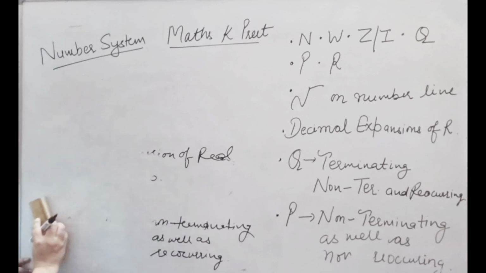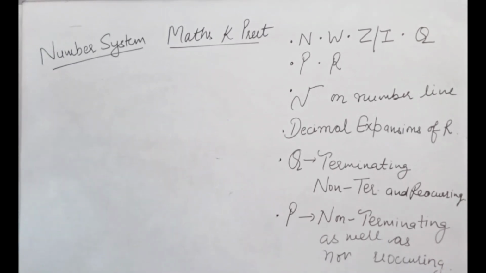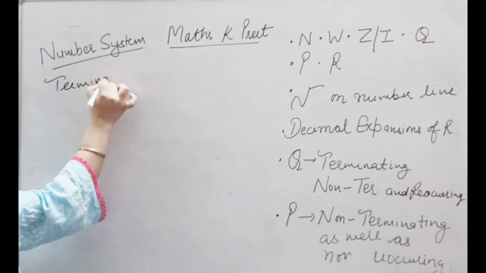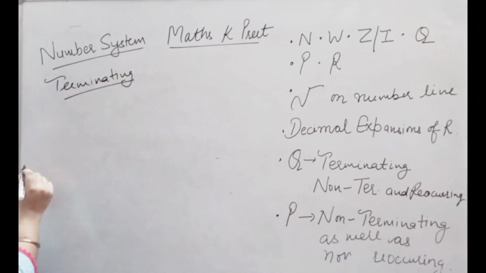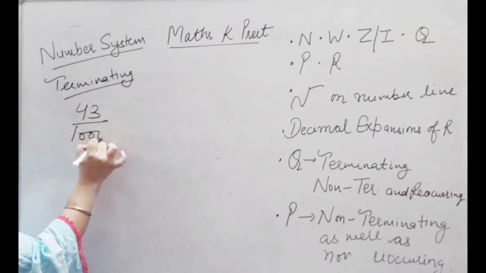Let's check here. Say I have this number, 43 by 1000.